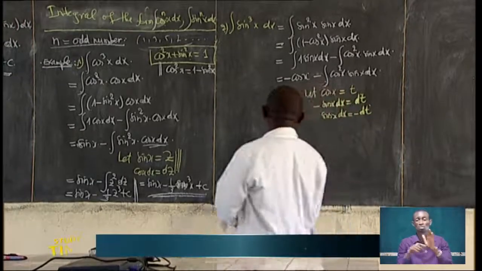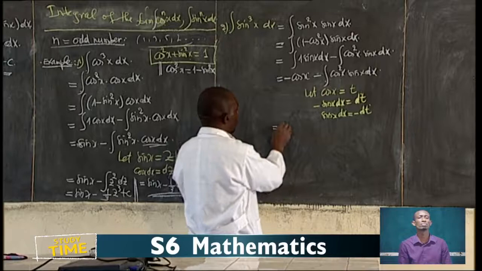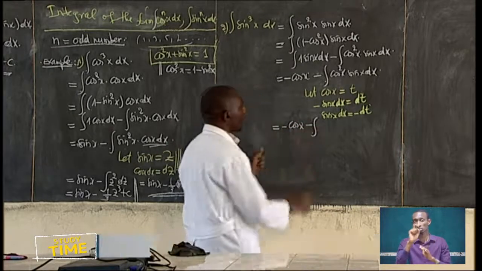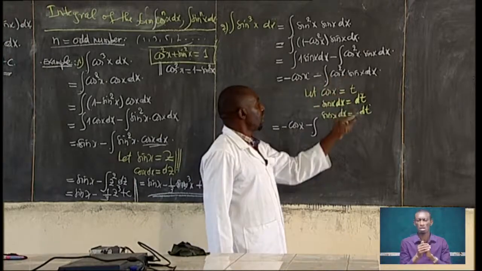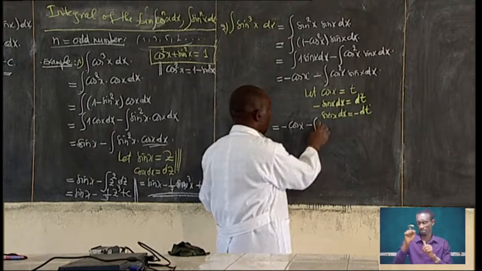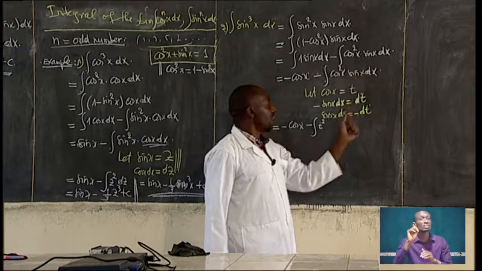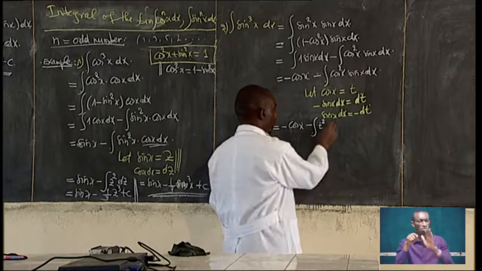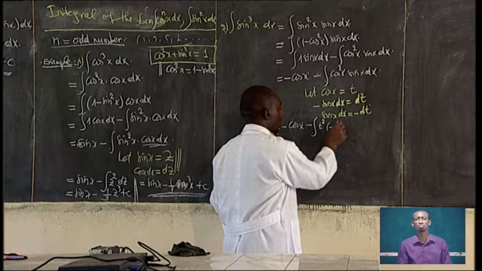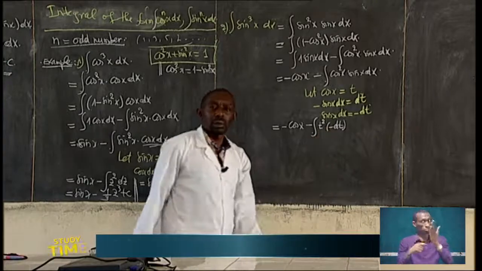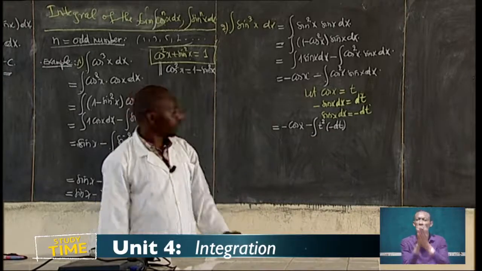And my integral becomes minus cosine x minus integral cosine x is t. T squared sine x dx is minus dt. So times minus dt. So this negative sign, that one, it will become positive.